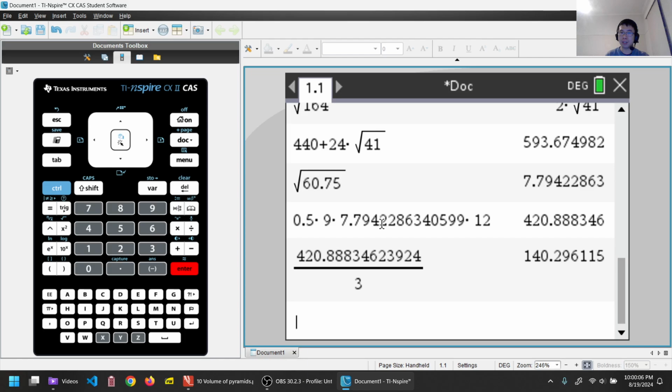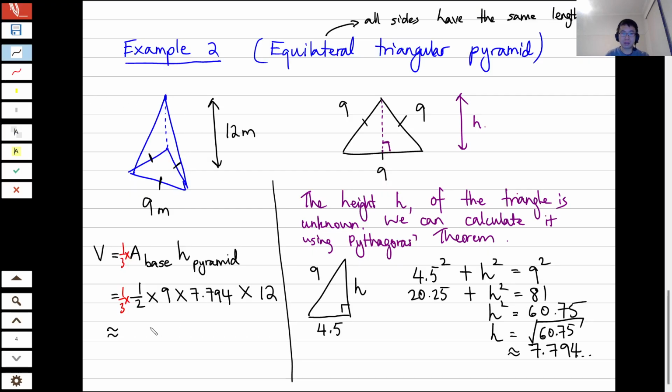And that gives me 140.30. Okay, I make mistakes too. So 1/3 is the factor you need out the front for finding the volume of a pyramid. I'll even write a note here. Don't forget this.